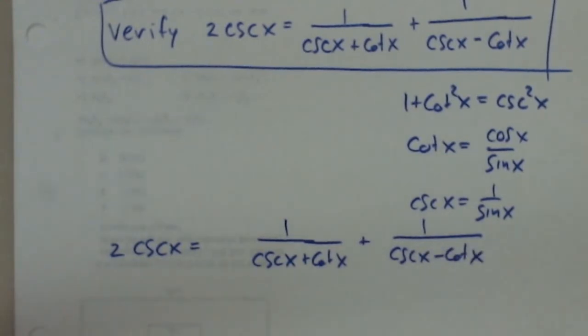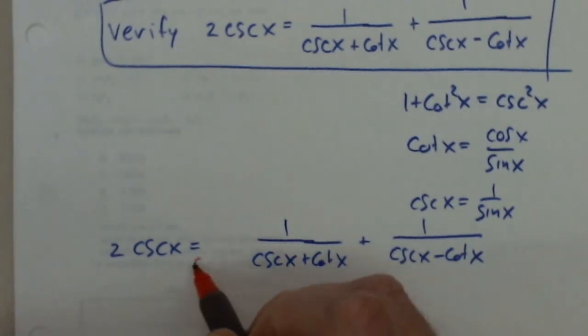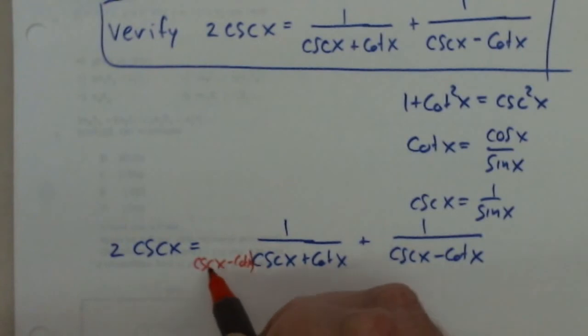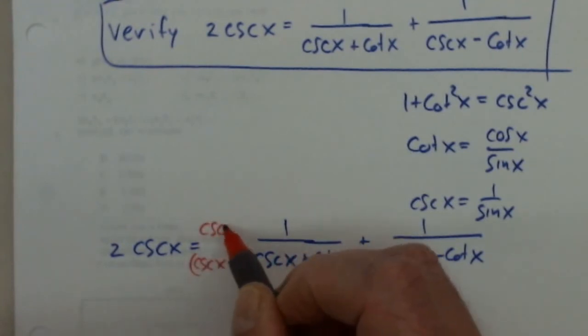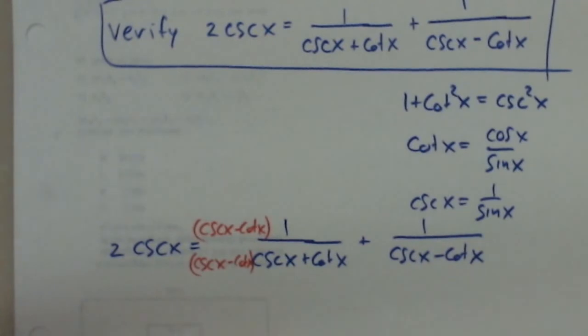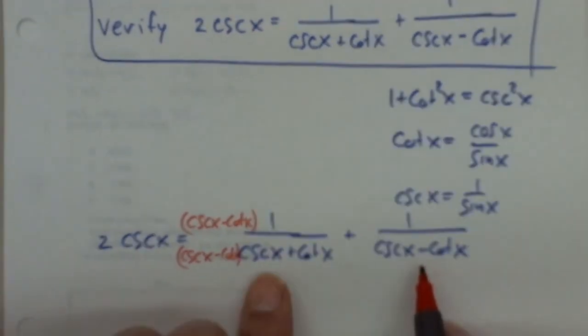And we have to multiply this by this. And we have to multiply this by this.